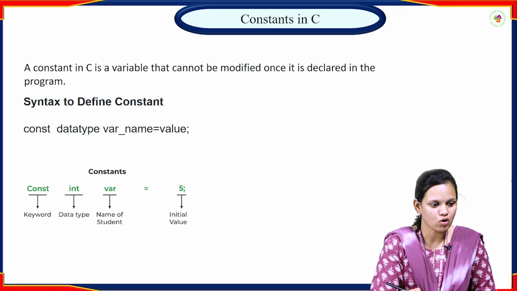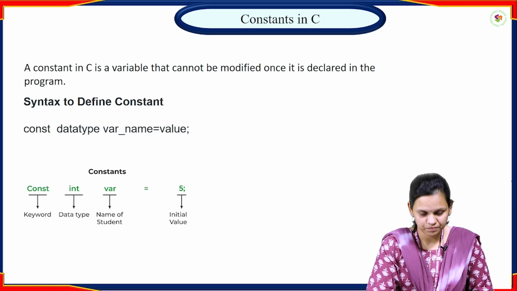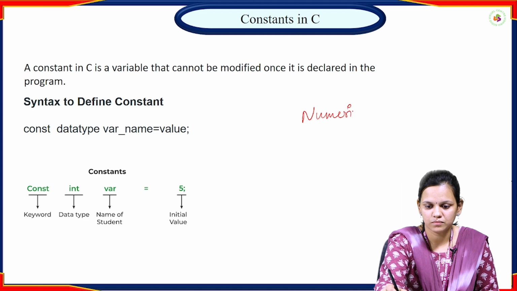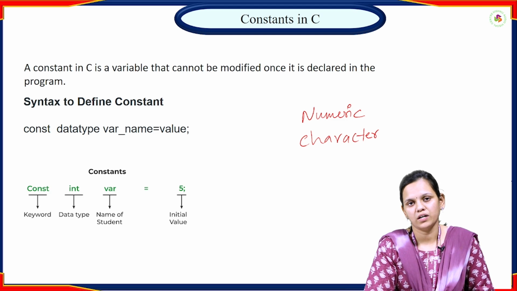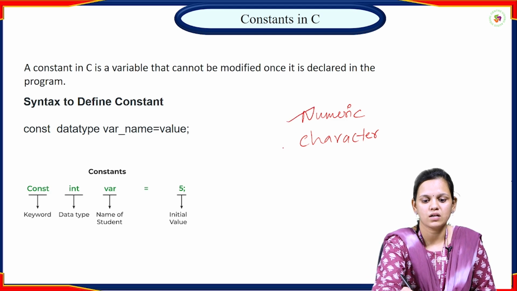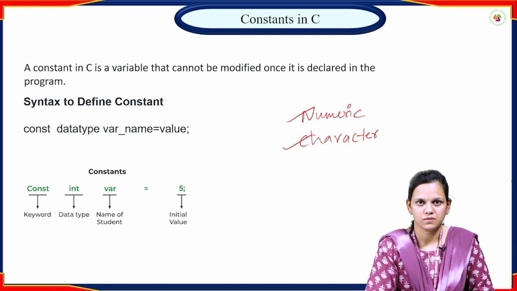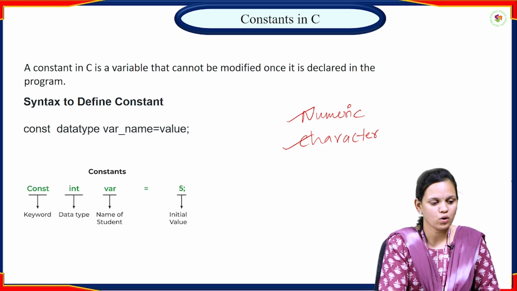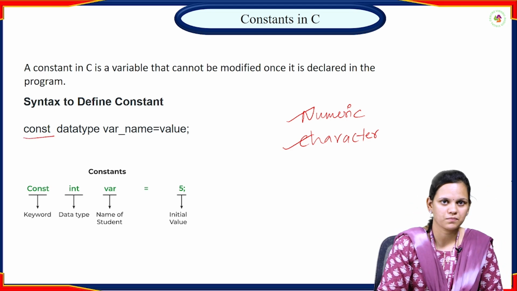So constants are divided into numeric constants and character constants. The syntax to define a constant is you have to write the keyword const.